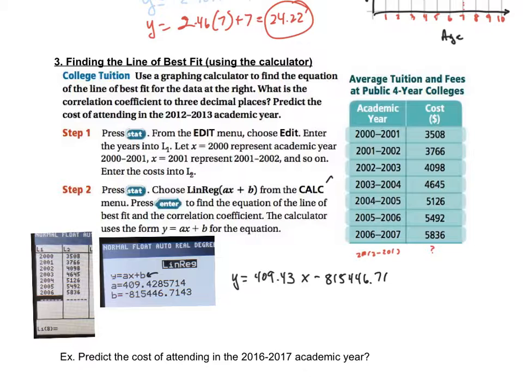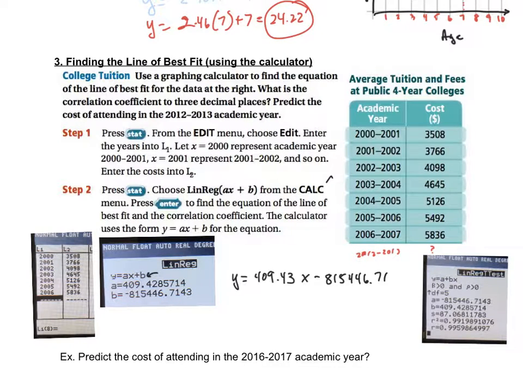Well, depending on your calculator, what you're going to have to do is go to tests. So the same thing, stat, and arrow over to tests, and then you're going to have to arrow down to option F, and it is going to give you the ability to see your correlation coefficient, which is known as the variable R. So I will show you a picture here.